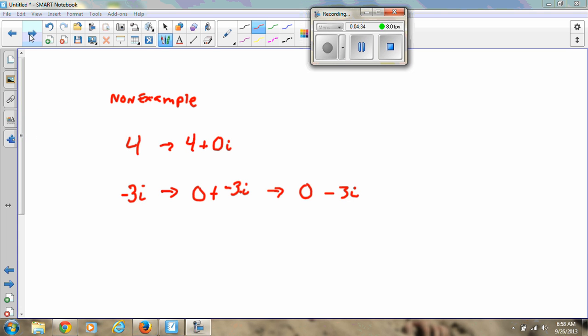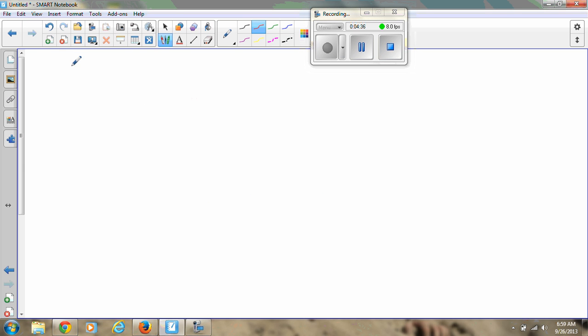All right, so today we want to perform operations on complex numbers. If I gave you 3 + 2i and I wanted to add it to another complex number, -2 + 4i, how do we do that?